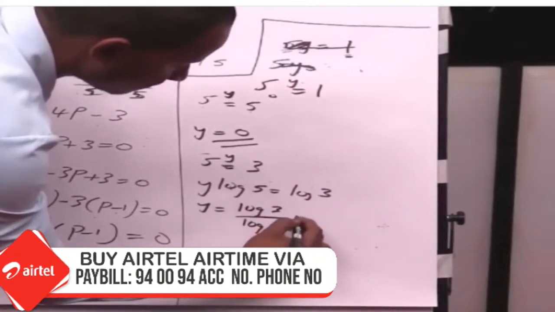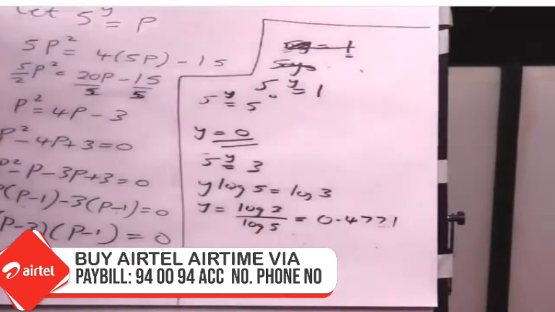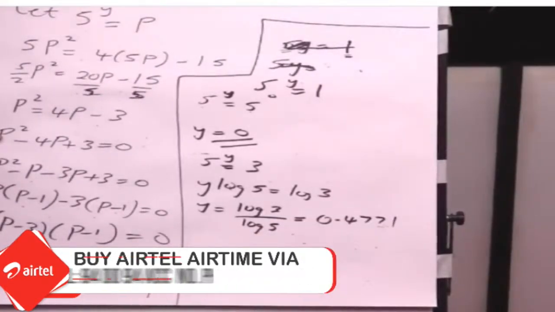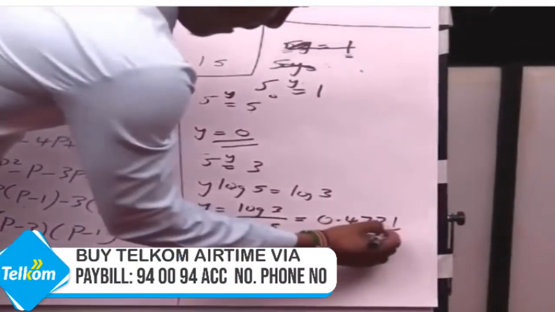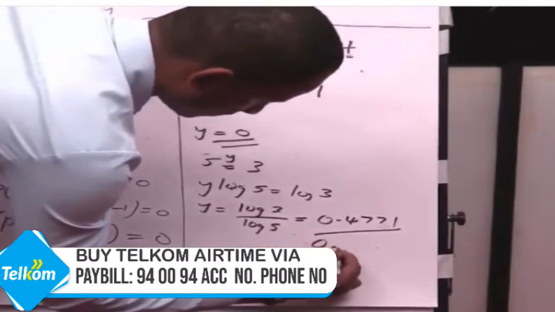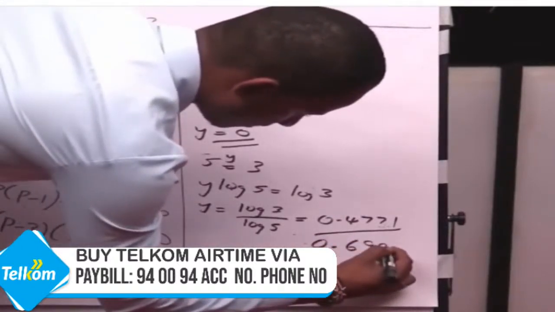When I used to be in high school, log 3 used to be 0.4771, and I think it has still remained the same. CBC might have not changed it. Then log of 5 is 0.6990. Now you use your calculator.